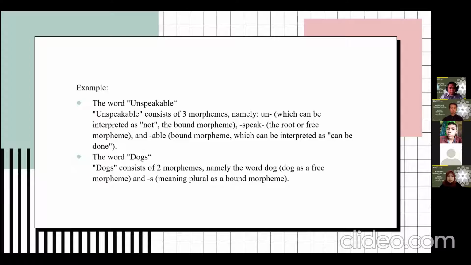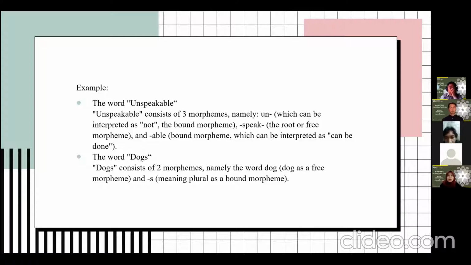So the construction in this word unspeakable is bound, free, bound. The second example is the word dogs, or in Indonesian, anjing. Dogs consists of two morphemes, namely dog as a free morpheme that can stand alone without the s, the bound morpheme. All right.